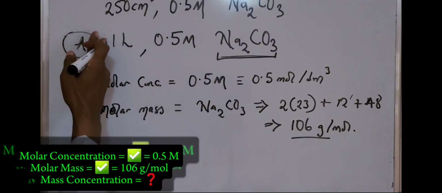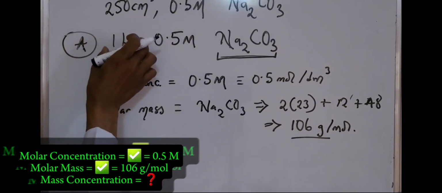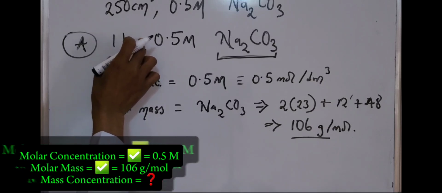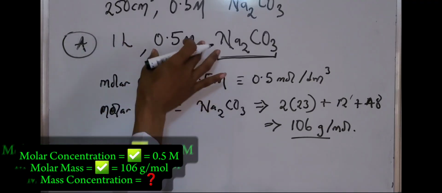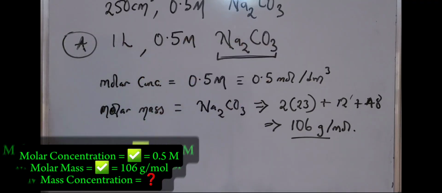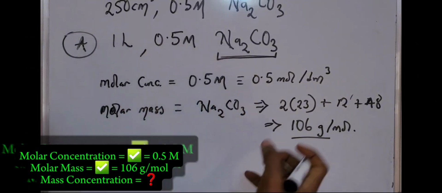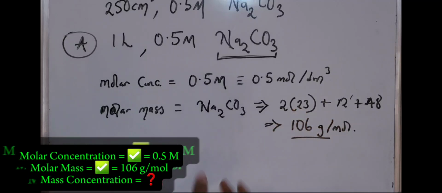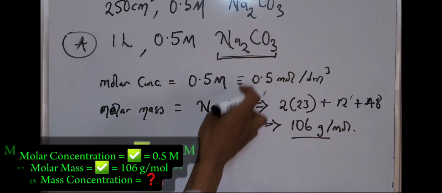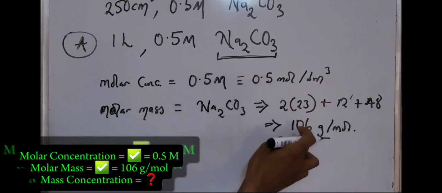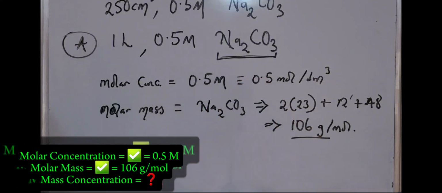This deals with the volume you want to prepare, the concentration of sodium trioxocarbonate IV. So now you go back to your formula, because if you want to prepare this concentration, you have to weigh a quantity of sodium trioxocarbonate IV. These values will help you to know how much to weigh.